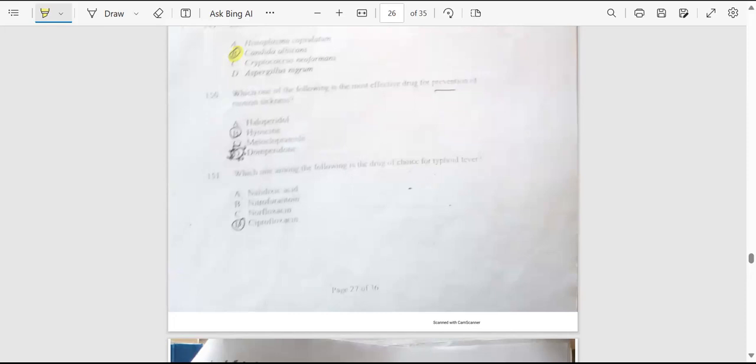Then the next one, which one of the following is the most effective drug for prevention of motion sickness? Okay, so we have haloperidol, hyoscine, metoclopramide and the other one, domperidone.